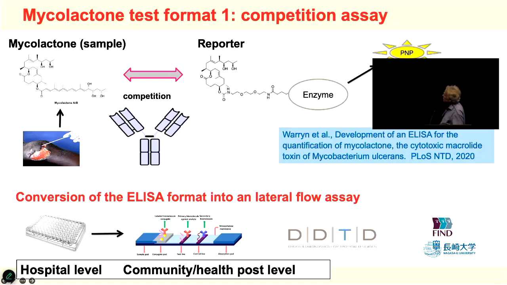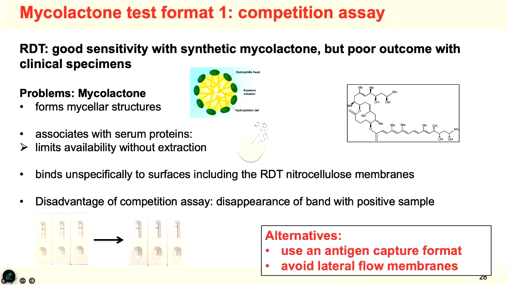We have tried to convert this ELISA into a lateral flow assay with a Californian company, DDTD, providing antibodies and discussing the reaction conditions. This RDT works nicely if you have synthetic mycolactone in a buffer, but unfortunately it has poor performance with clinical samples.